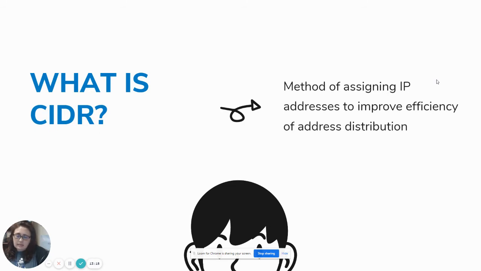So what is a CIDR? A CIDR is a method of assigning IP addresses to improve efficiency and address distribution. So as he was saying in that video earlier, we're kind of running out of IP addresses. 4 billion sounds like a lot, but on my desk right now, I have this computer that I'm talking into, I have my Apple Watch, and I have my cell phone, and that's all.